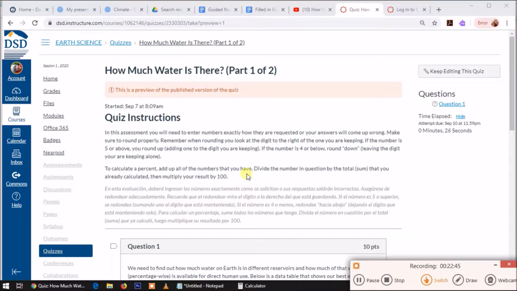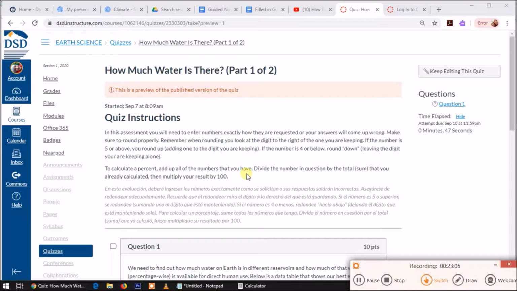If the number is 4 or below, round down, leaving the digit you are keeping alone. To calculate a percent, add up all the numbers that you have, divide the number in question by the total, which is the sum that you already calculated, then multiply your result by 100, sorry, not 100%.